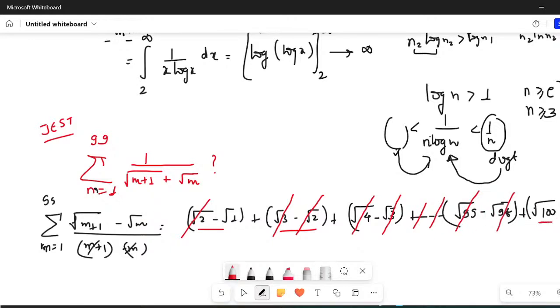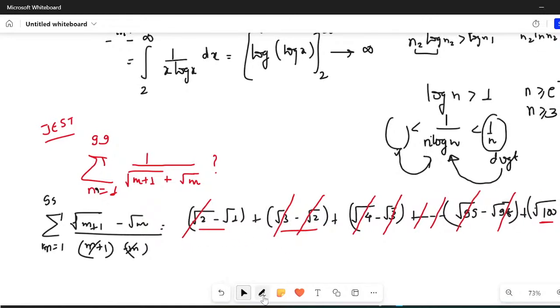This is the former part of this bracket. You do not have any other bracket outside of this. So the answer would be simply root 100 minus root 1. Root 100 is simply 10. 10 minus 1 is 9. So the answer is 9. I hope it is clear.